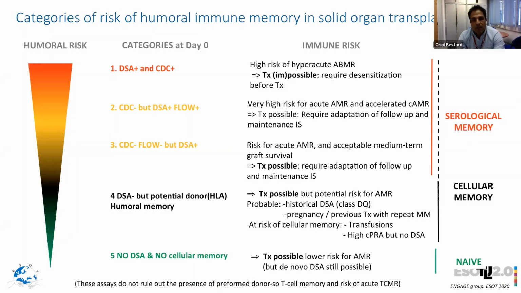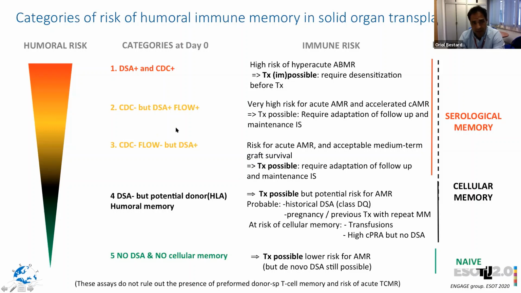You can see they are based on the evidence we have for each assay and the risk of rejection or graft loss. The highest risk category, in red, are those with a positive CDC cross-match and a DSA by solid phase assay, who are at very high risk of developing hyperacute ABMR, and therefore transplant could be impossible unless we desensitize these patients before transplantation.